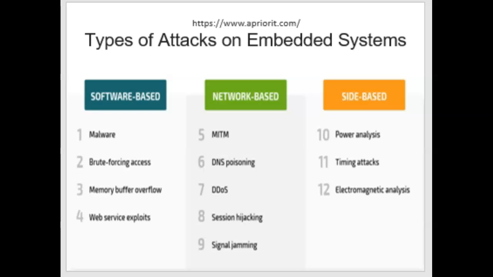Now, there are many types of attacks: software, network, and side-channel attacks. So 12 are listed here. Machines of any size and complexity may become vulnerable because of unsecure embedded systems, right? So, for example, the firmware of the crew information system, an onboard networking system of the Boeing 787, we found was vulnerable to buffer overflow, memory corruption, stack overflow, and denial of service attacks.